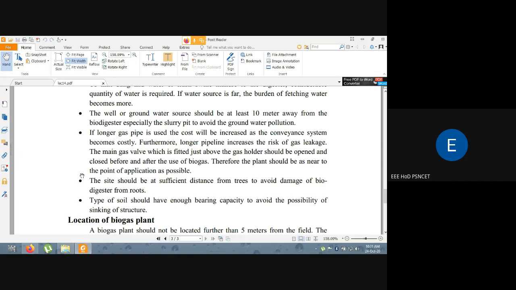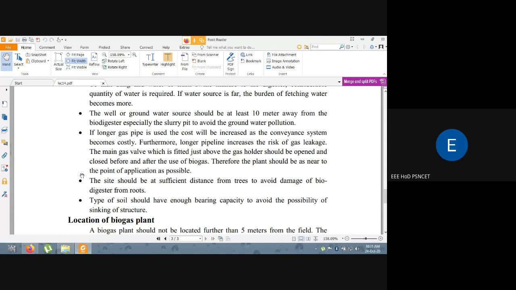As a property, the root of the tree tries to find water, so it may enter the digester by breaking the bricks. So we should avoid the presence of trees around the digester.